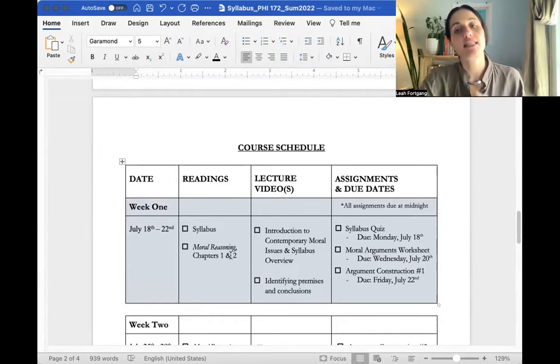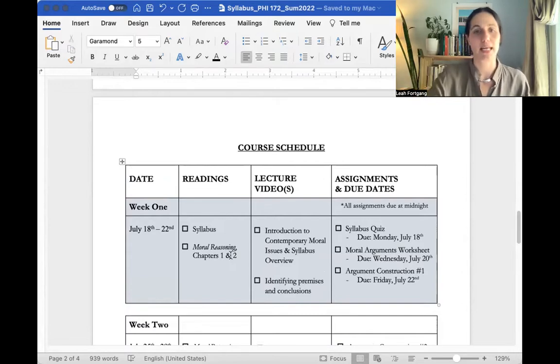And then a list of the assignments and their due dates for that particular week. Like I say at the top, all assignments are due at midnight. So whenever you see the date, that just means midnight.